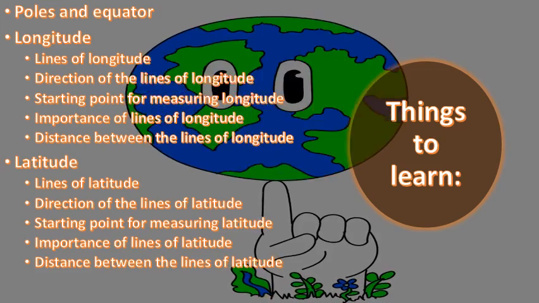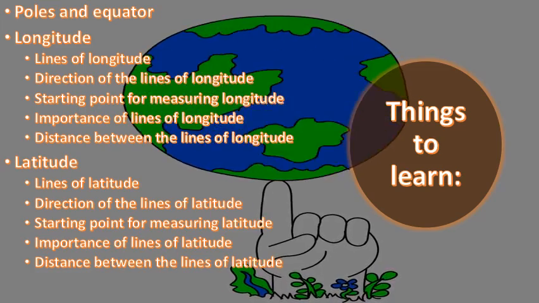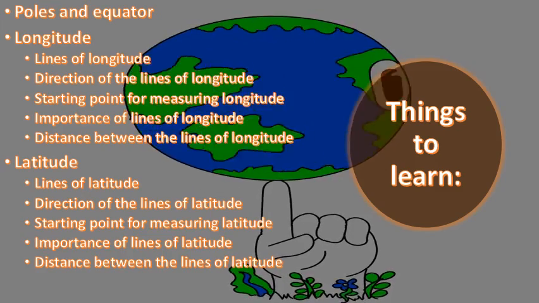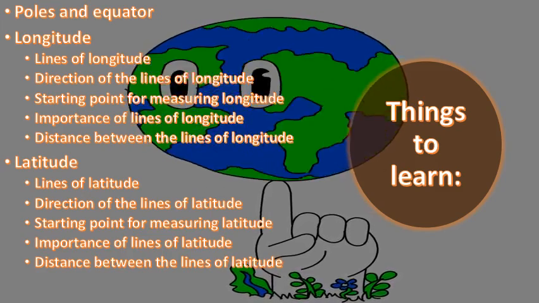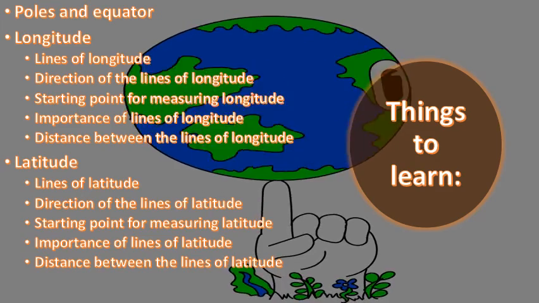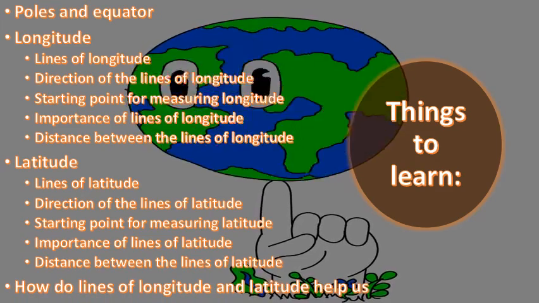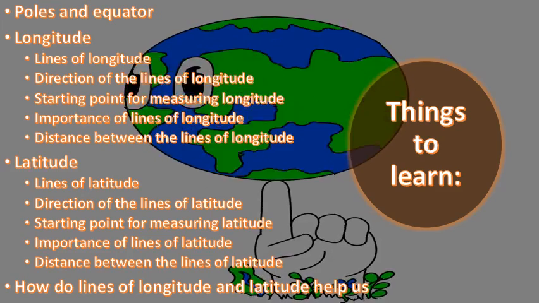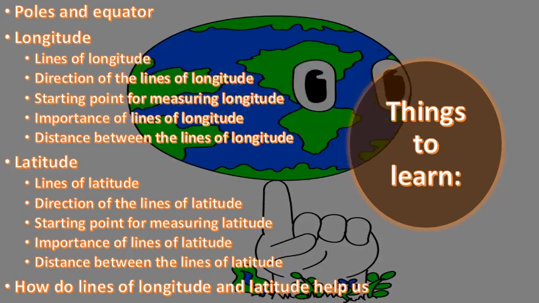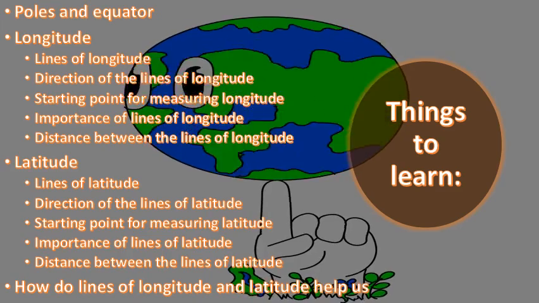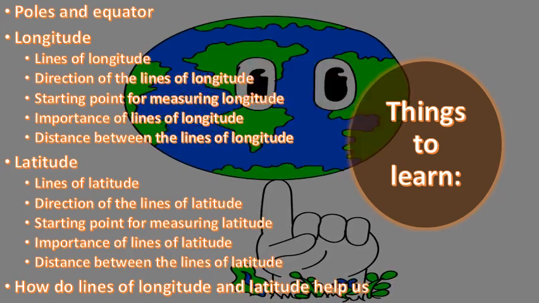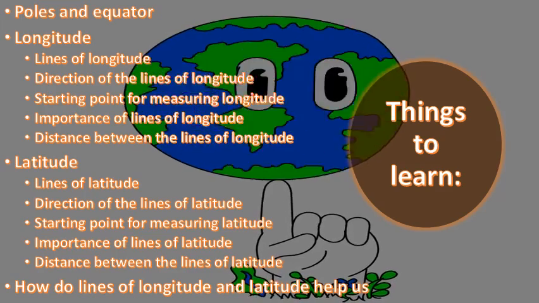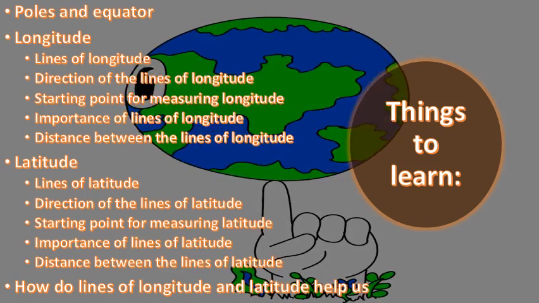In latitude, we would see the lines of latitude, direction of the latitude, starting point for measuring the latitude, importance of these lines and distance between these lines. Plus, in the last, we will discuss how these lines are beneficial for us and how they help us. So students, this chapter we had covered in our previous lecture. Today we are going to have the review of it.